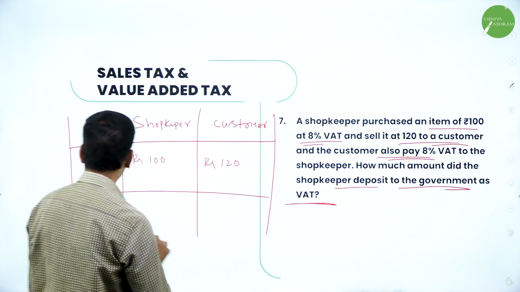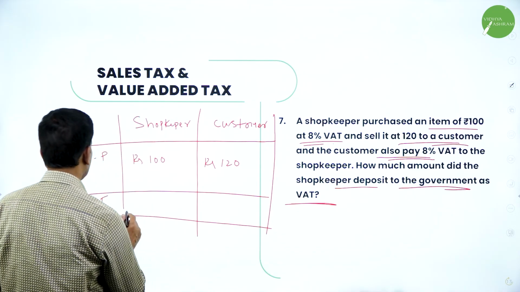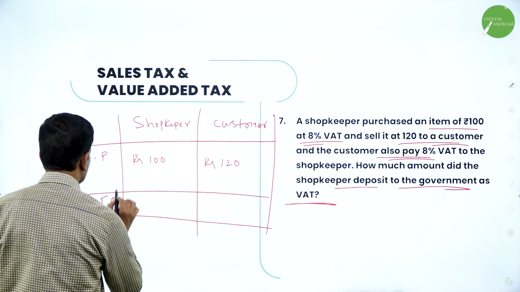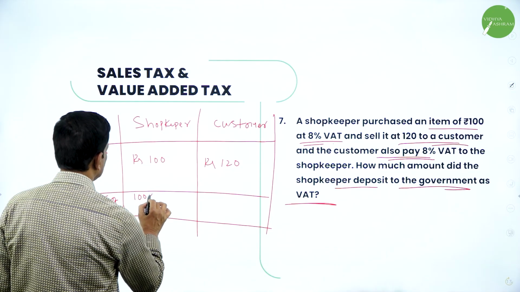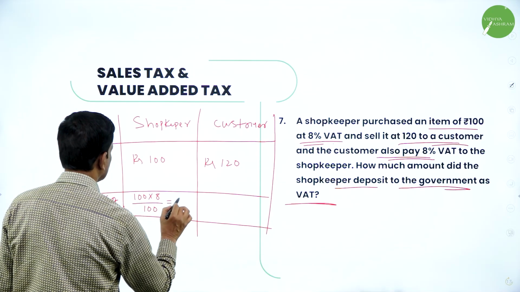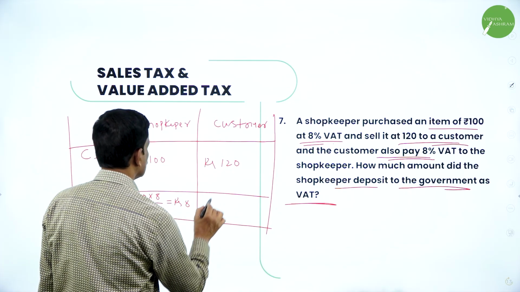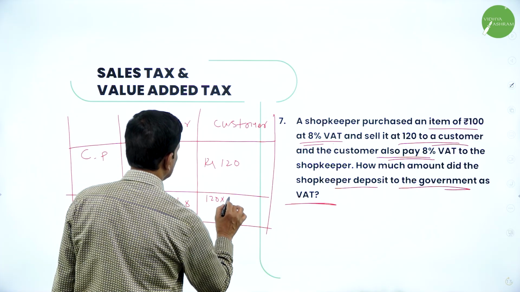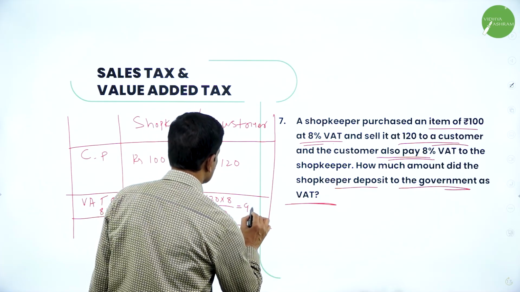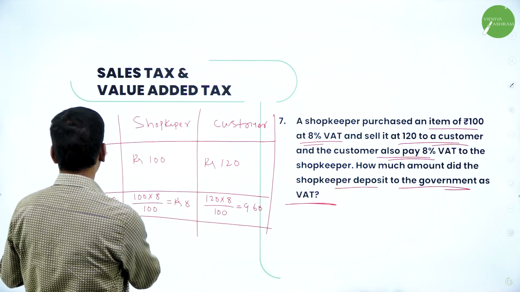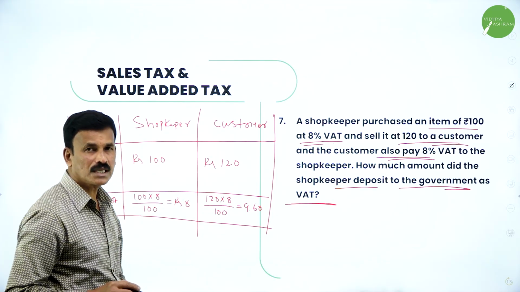Now calculate the VAT of 8% for both the customer as well as the shopkeeper. So 100 into 8 divided by 100 is equal to rupees 8. Whereas for the customer, 120 into 8 divided by 100 is equal to 9.6. So at VAT of 8%, the shopkeeper will pay rupees 8 and the customer will pay rupees 9.60.